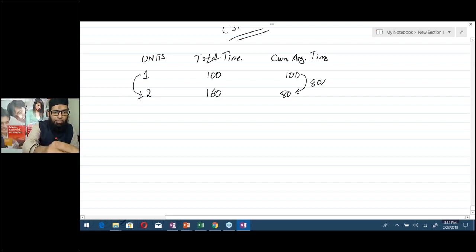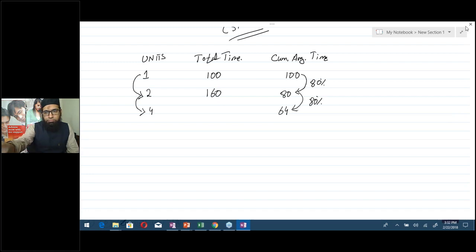Similarly, once again, when output doubles again, so the double of 2 is 4, this will further reduce to 80%. So this will be 64.